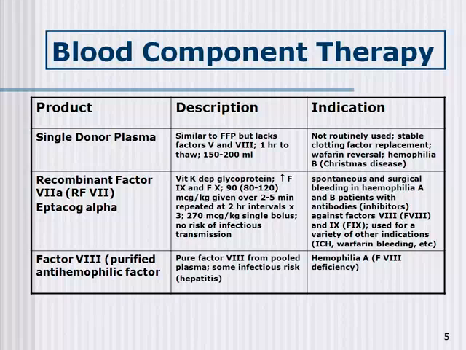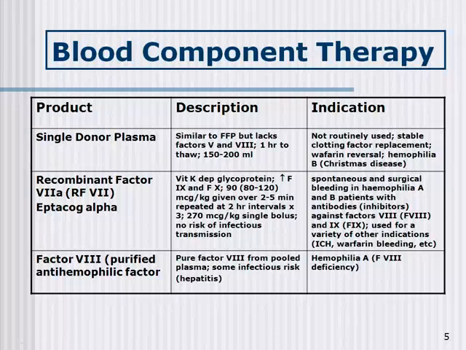The doses typically are 90 micrograms per kilogram given over 2 to 5 minutes and repeated at 2-hour intervals for up to 3 doses. Some have suggested that you can give a single dose of 270 mics per kilo, and because it's a recombinant product, it's not collected from donors. There's no risk of infectious transmission.